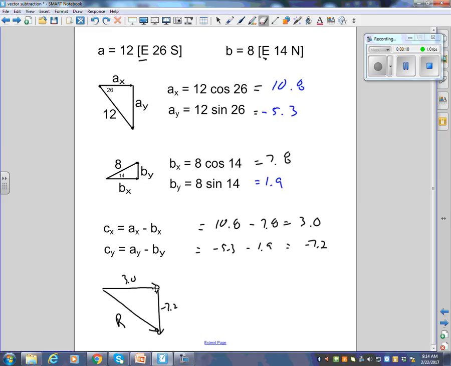Not r, let's call it c, because that's what it is. So c squared is going to be 3 squared plus 7.2 squared, which should be negative, but it's not going to matter. And you get squared.